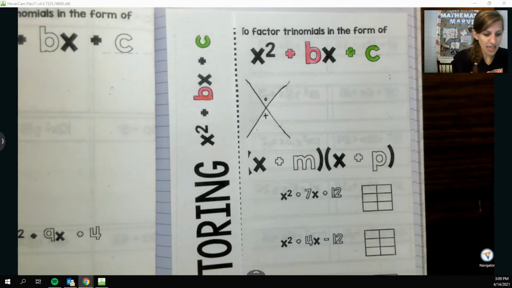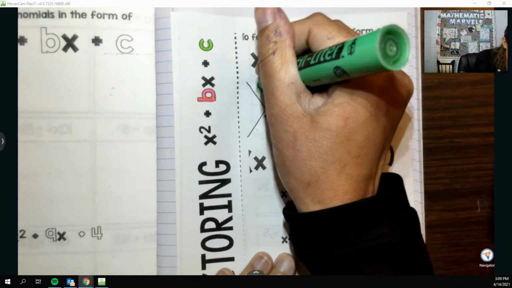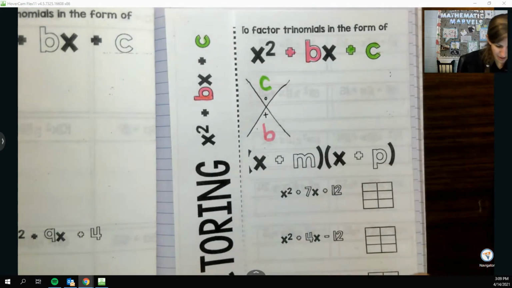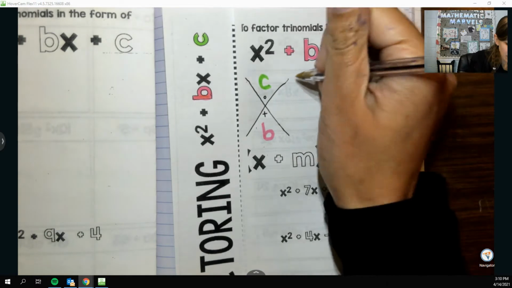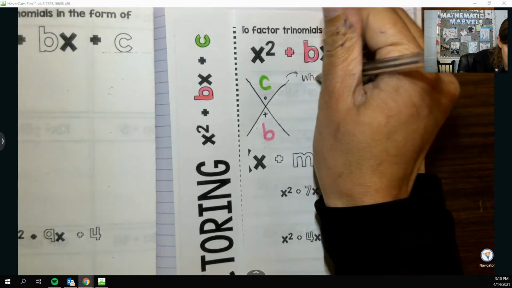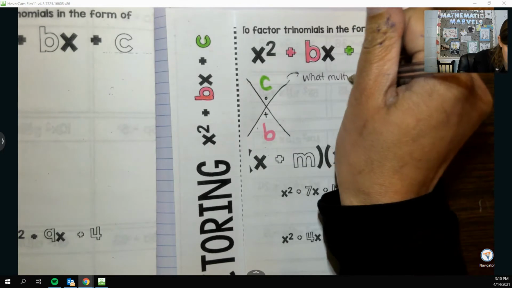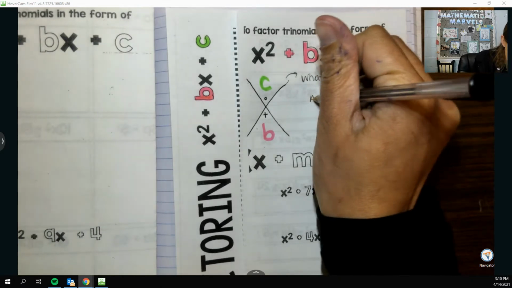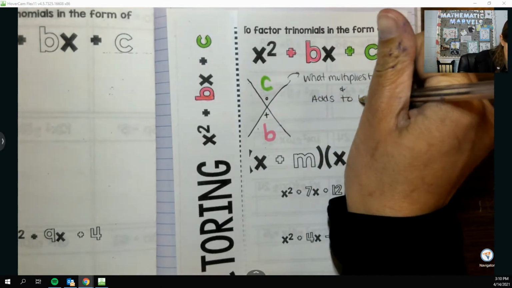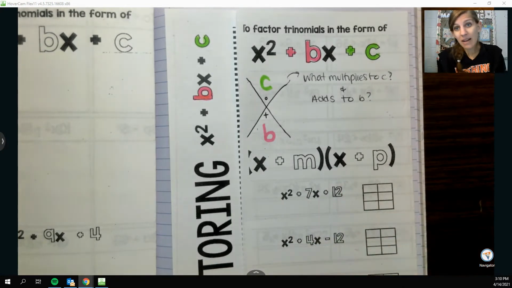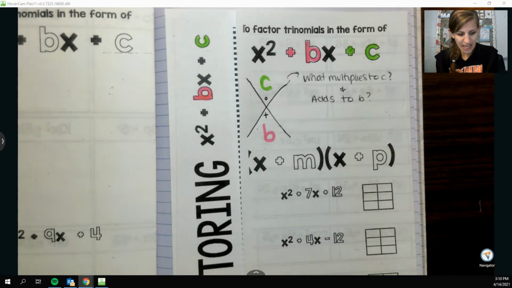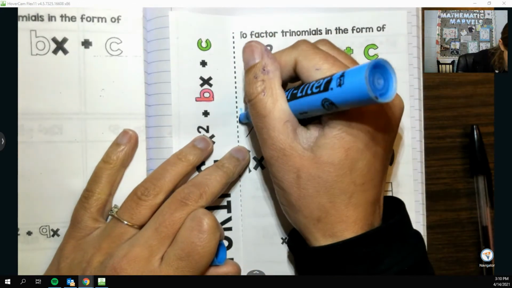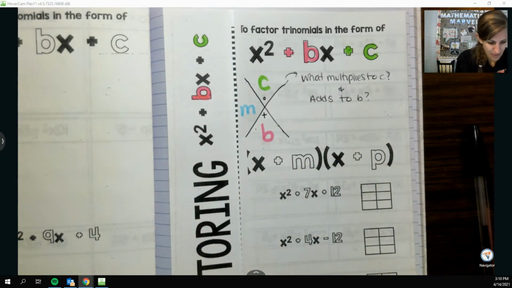The number that I put on the top is C, and the number that I put on the bottom is B. So again, I'm thinking what multiplies to C and adds to B. Whatever I get, I always put in the sides. So I'll just call them some random letters for right now, like M and P.